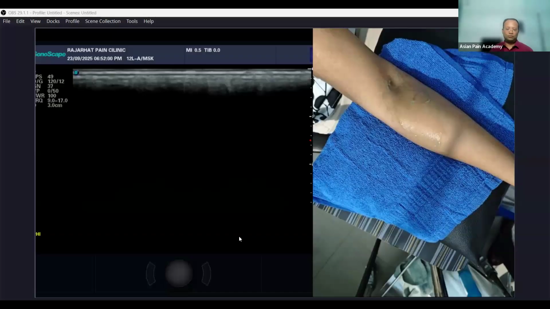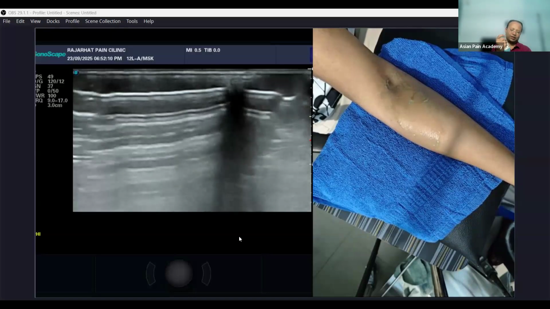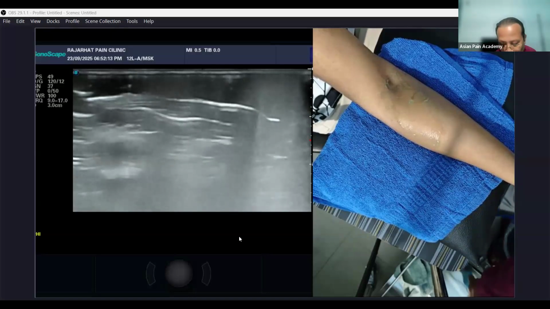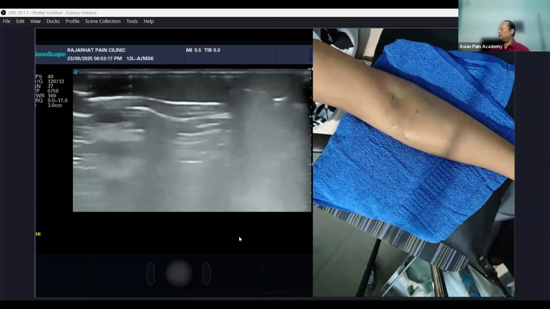Okay, so I will show the radial nerve, and this is also associated with the artery, the recurrent radial artery, but mainly the radial nerve and its branches.